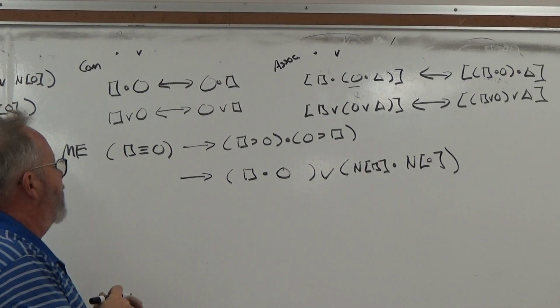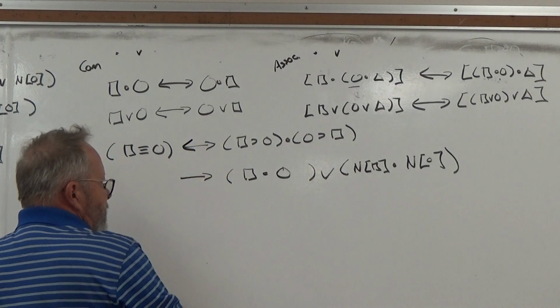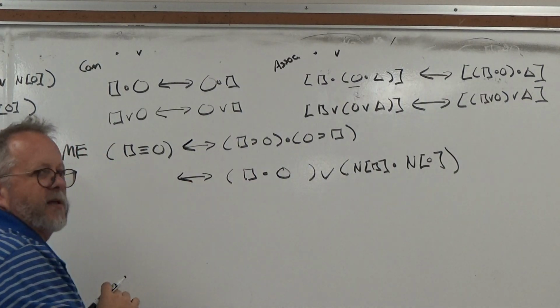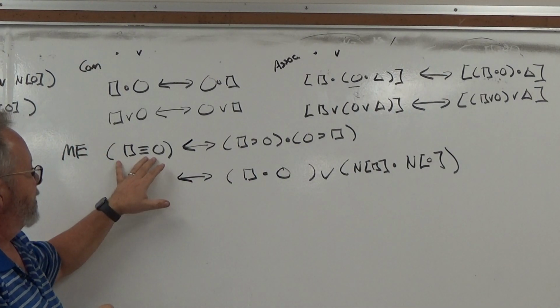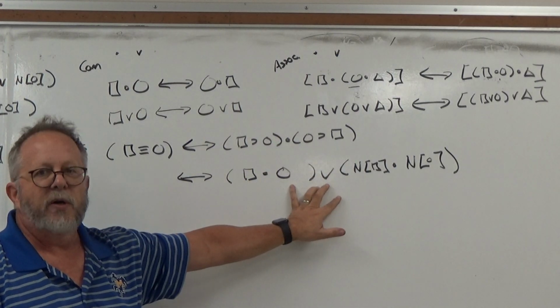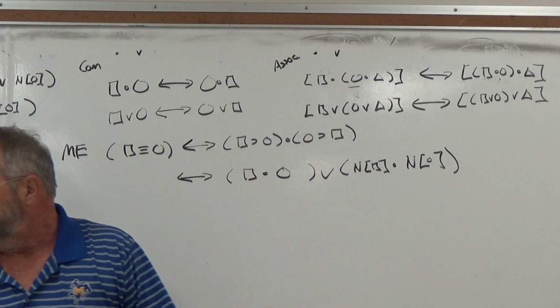Okay. And you can go from this to that and vice versa. So if you ever need to construct a biconditional, you're going to look for parts like this or parts like that. Everybody got that? Okay.